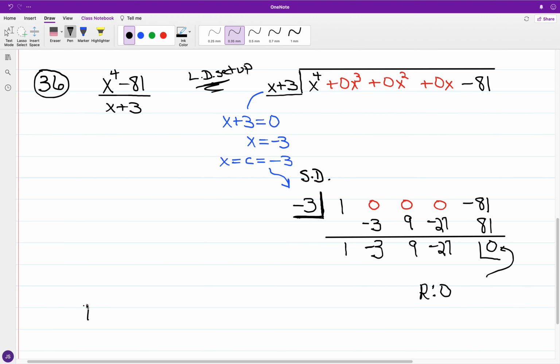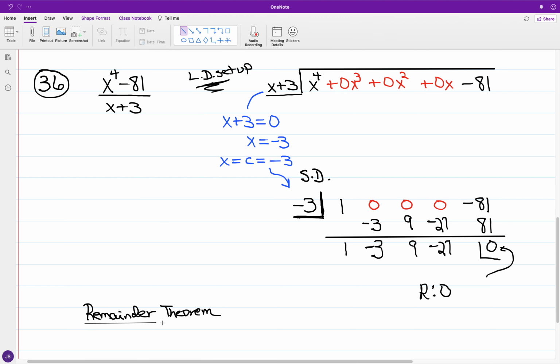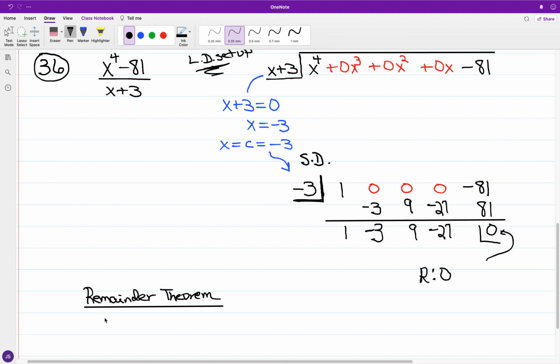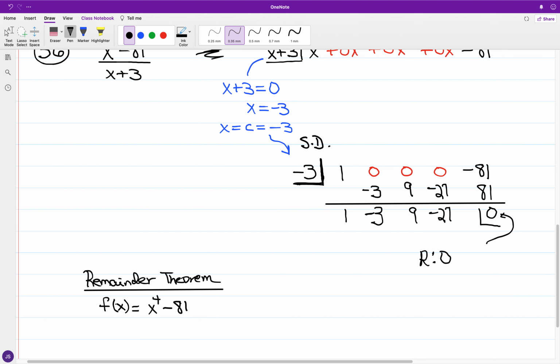And if I take the remainder theorem approach, I have the dividend f of x to be x to the 4th minus 81, and the remainder is equal to f of c.